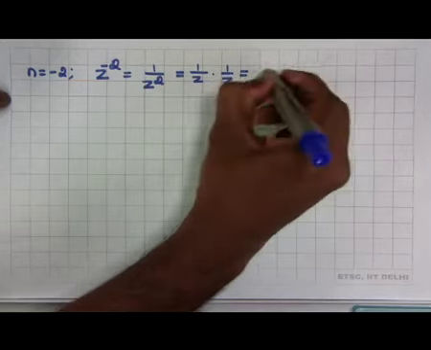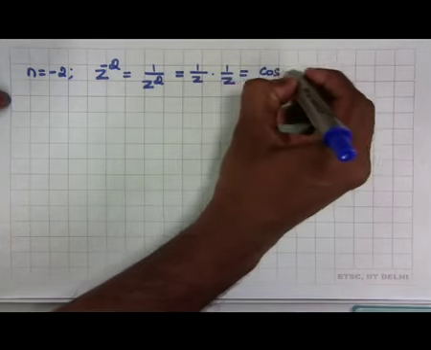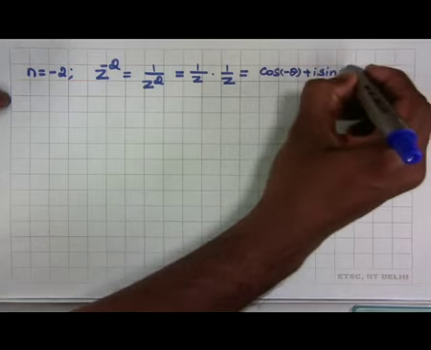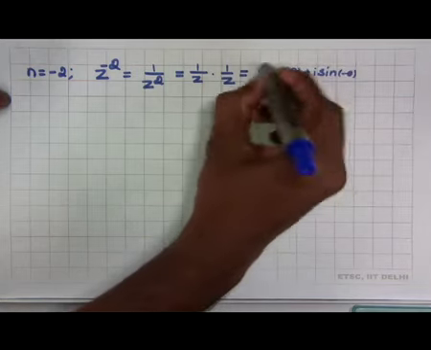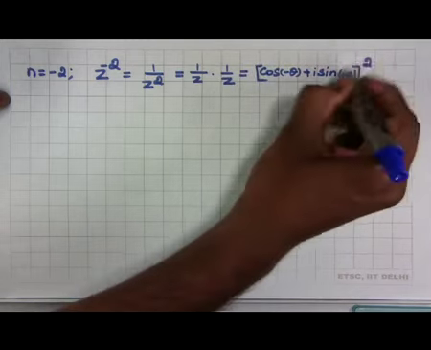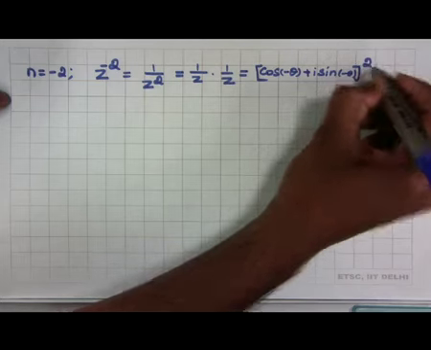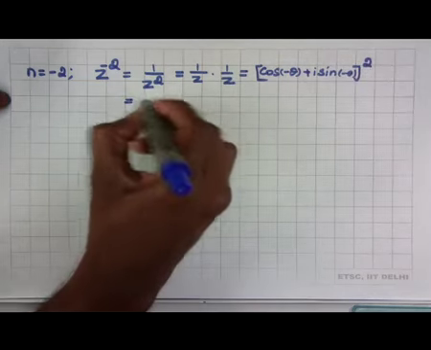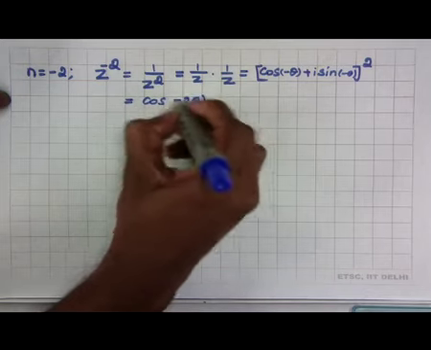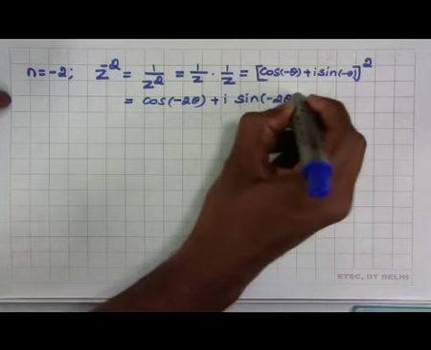We notice that each factor comes as cos of minus theta plus I sin minus theta, and it is basically the same factor squared. By the de Moivre's formula which we derived for positive integers, we get cos of minus 2 theta plus I sin minus 2 theta.